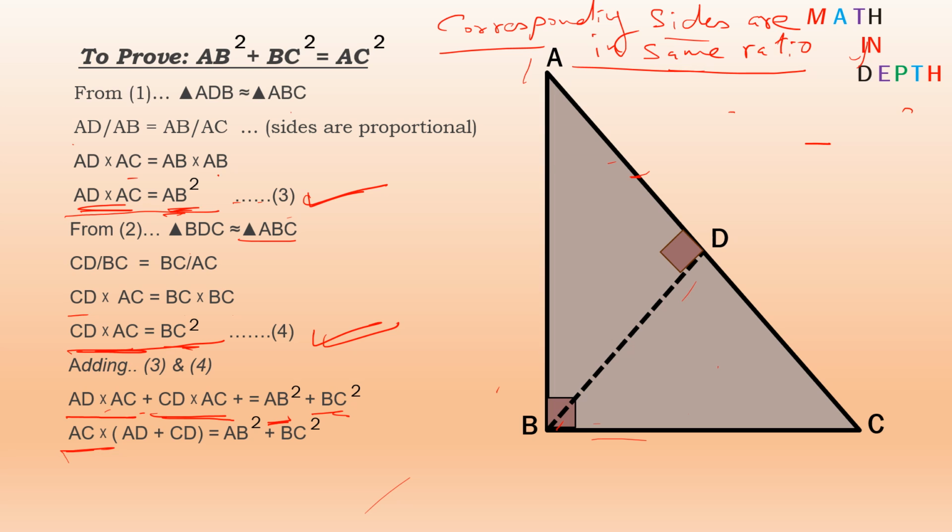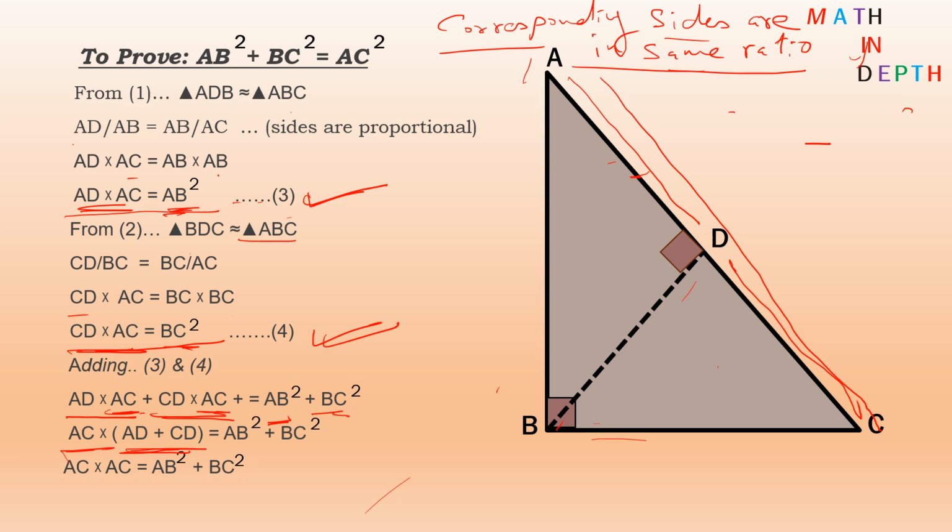Here also AC is there, so we have taken this part common. Now it becomes AD plus CD. Now AD plus CD, what will it become? Sorry, it will become AC.